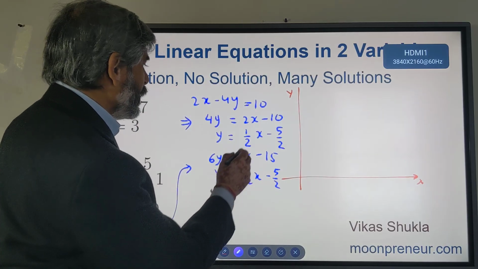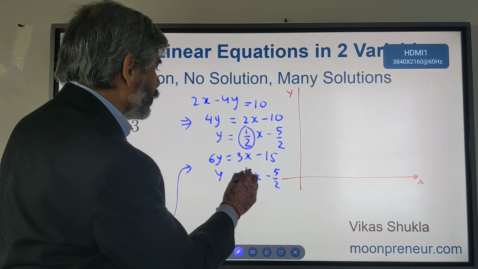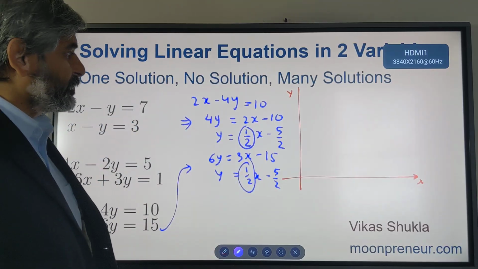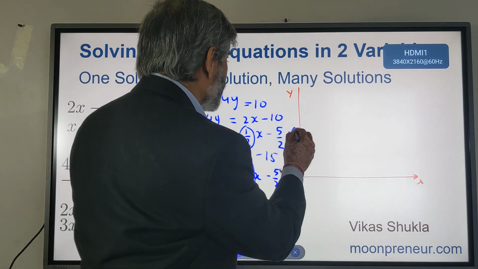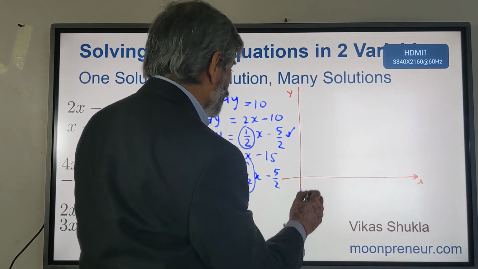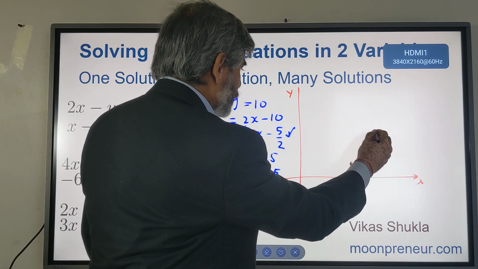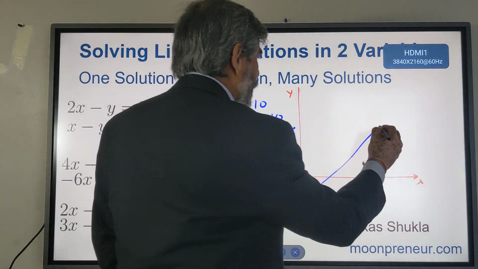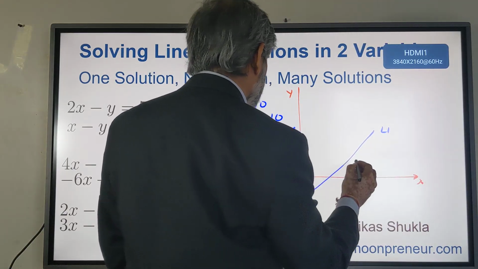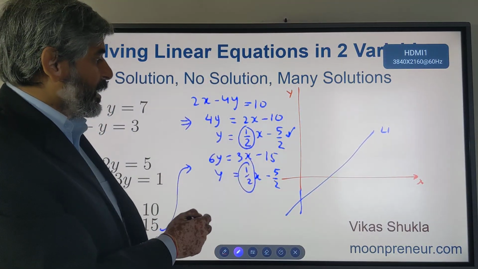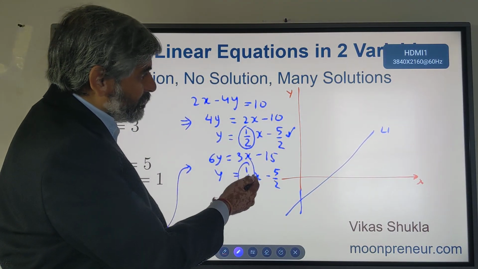Now what's happening here? Let's take a look at their gradient. Both of them have a gradient of half, and what's the y intercept here? The y intercept is minus 5 by 2. So this is line number 1 with gradient m equal to 1 by 2. Now the second line has the same gradient.